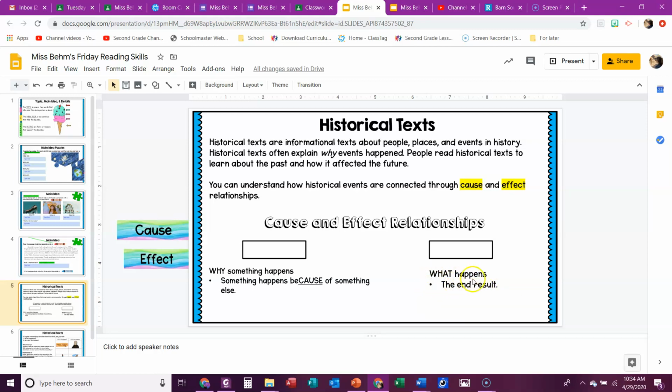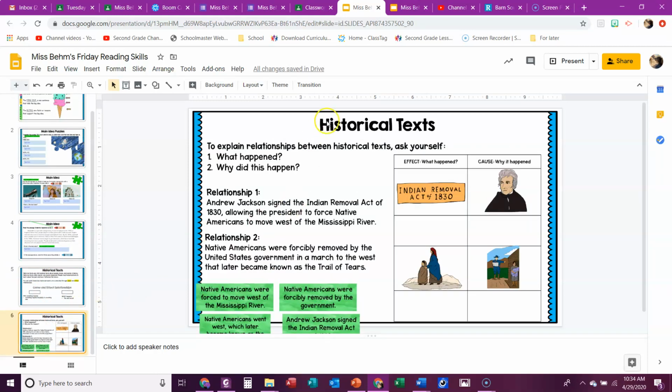Okay, so what happens, the end result, is the effect. The cause is why something happens. Okay, so you're going to move cause to the first part, effect to the second part. So look at this one. It says, to explain relationships between historical texts, ask yourself, what happened? Why did it happen?